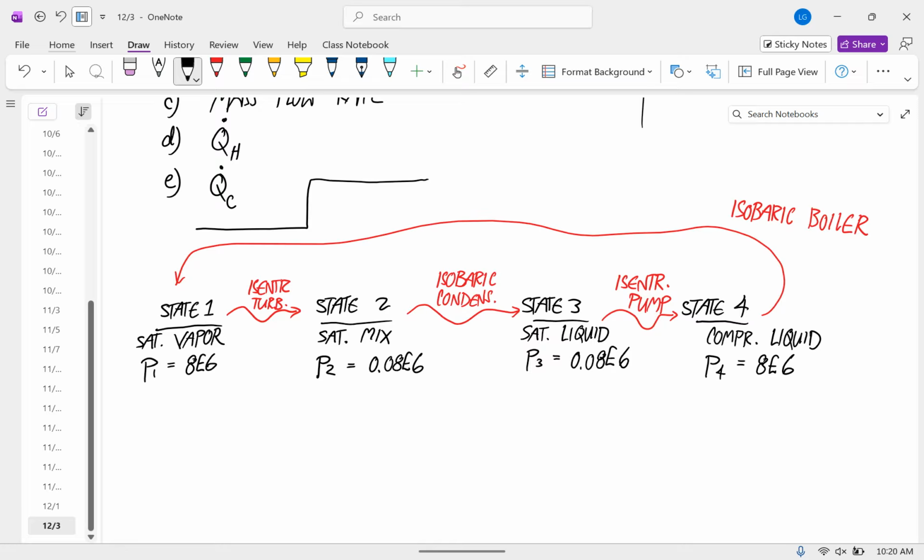So for the saturated vapor and the saturated liquid, we have enough to look up anything we want. For the other two, we would need to know the quality for state 2, and we need one more property for state 4. So how are we going to get these things?